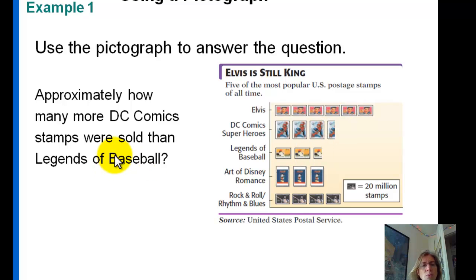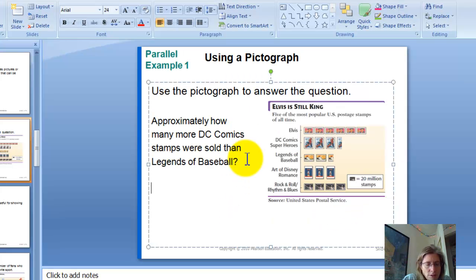So in order to know how many more stamps were sold, we have to subtract. So DC Comics equals 20, 40, 60 plus 10, which is 70 million sold.